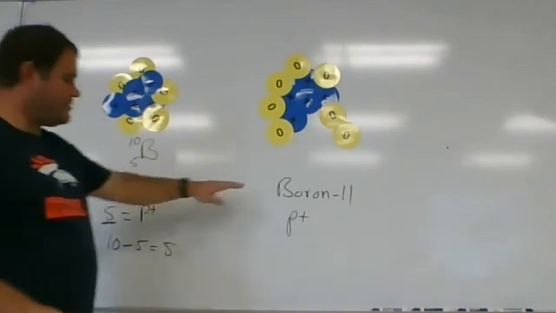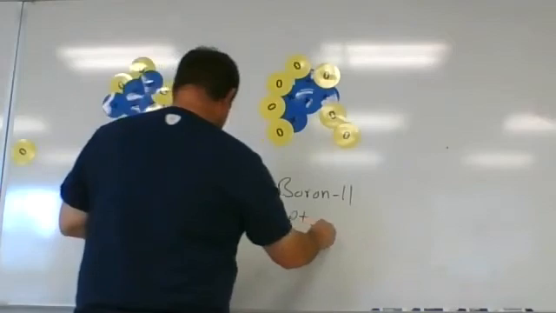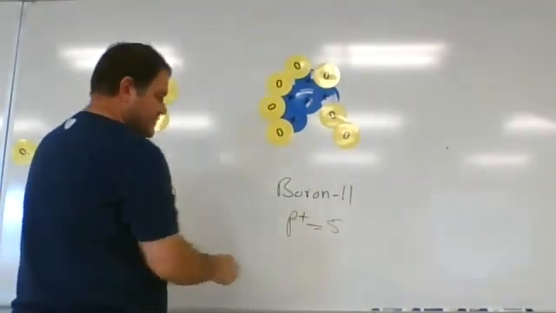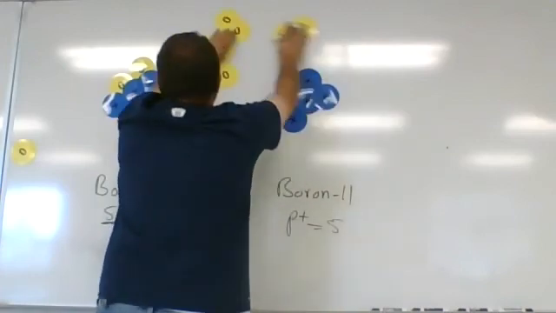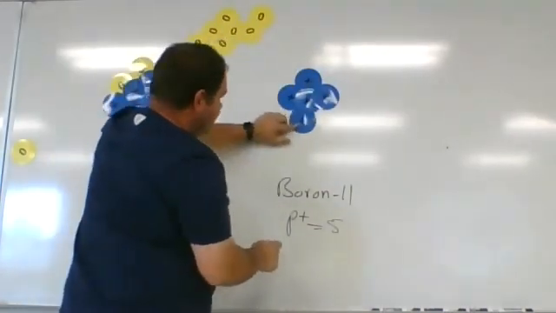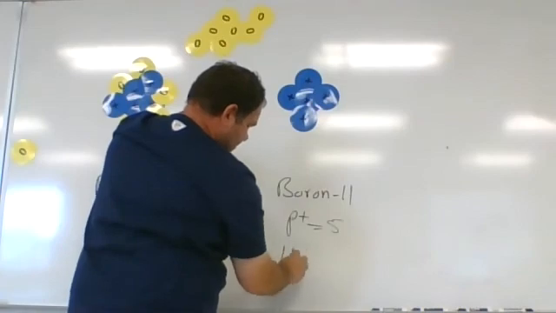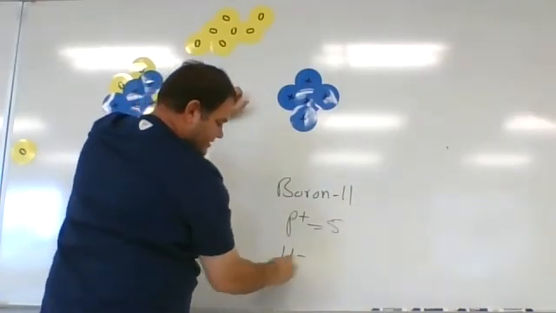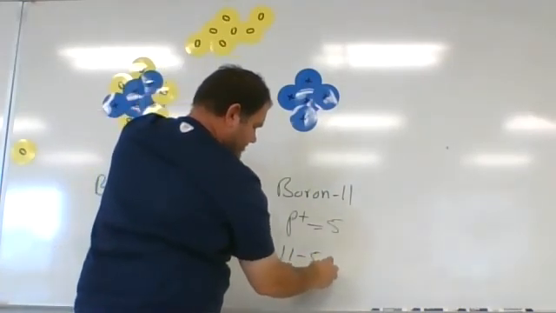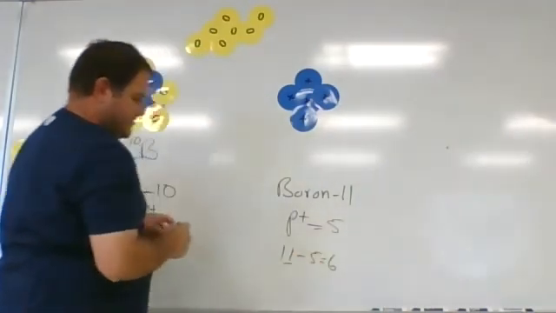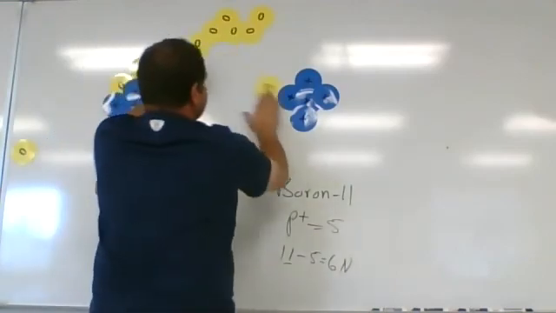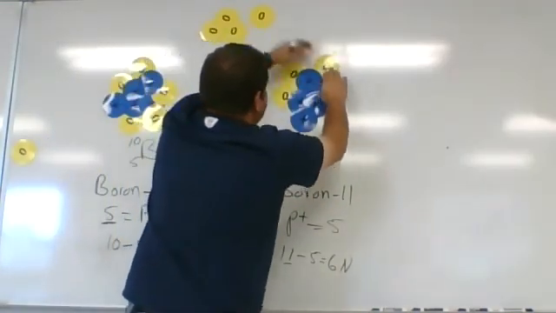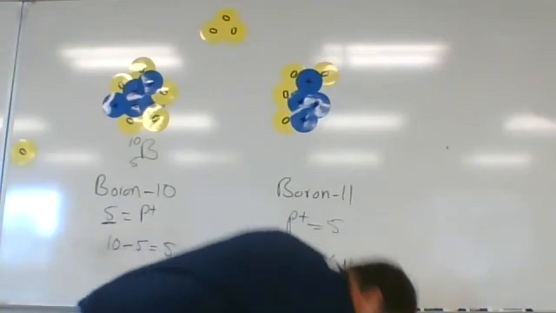Okay? Well, what about boron-11? It also has 5 protons, because that's the atomic number, but how many neutrons would it have? Because its mass number is 11, 11 minus 5 is 6. So it has 6 neutrons in the nucleus. 1, 2, 3, 4, oops, I lost a proton.